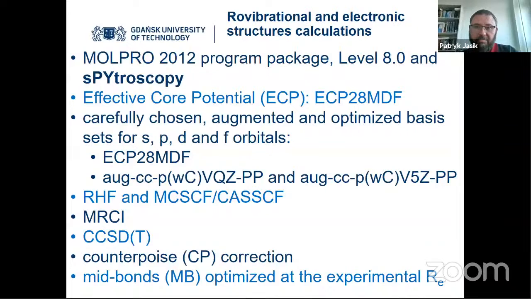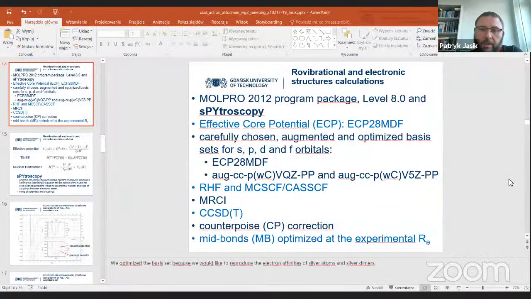It was in our opinion very important. But yes, I think we added enough diffuse functions to our basis set and optimized it carefully. It allows us to calculate a really good electron affinity.